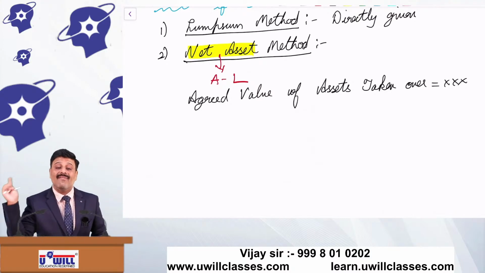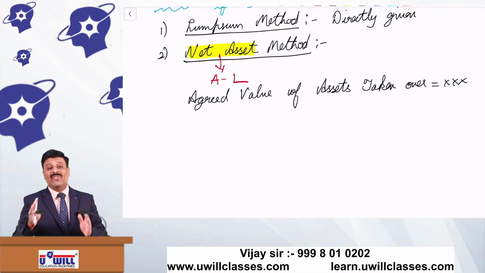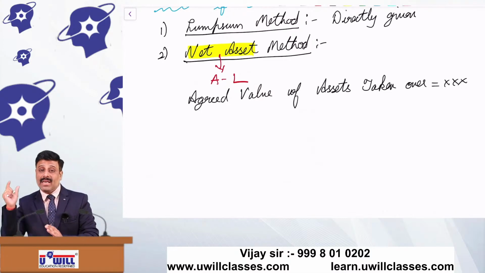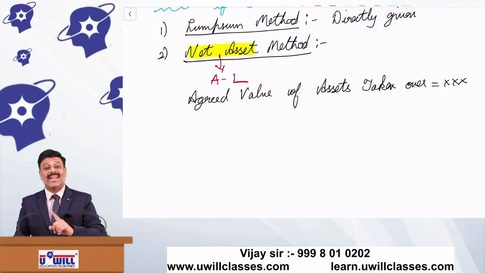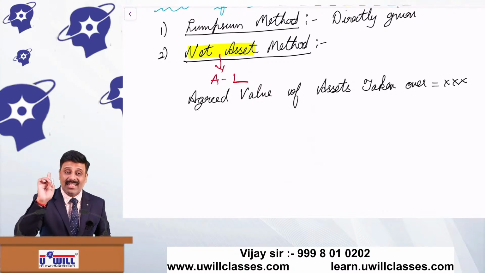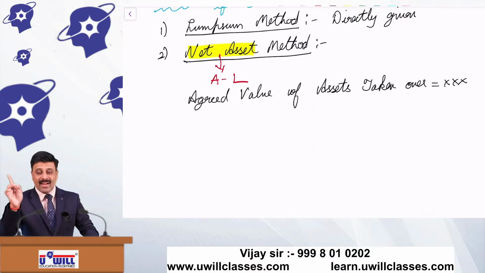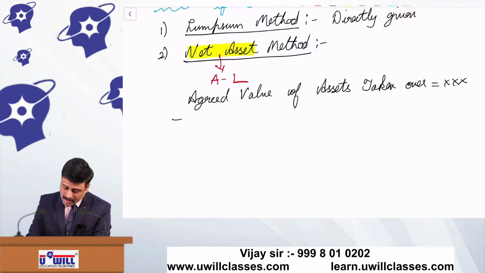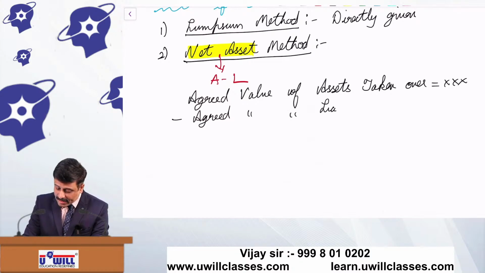We'll take the agreed value of assets taken over. So if A Limited acquires B Limited and B Limited's machinery in the balance sheet is 10 lakh, but A Limited has agreed to take it at 9 lakh, then in finding purchase consideration, we will take it at rupees 9 lakhs. So, agreed value of assets taken over minus agreed value of liabilities taken over.